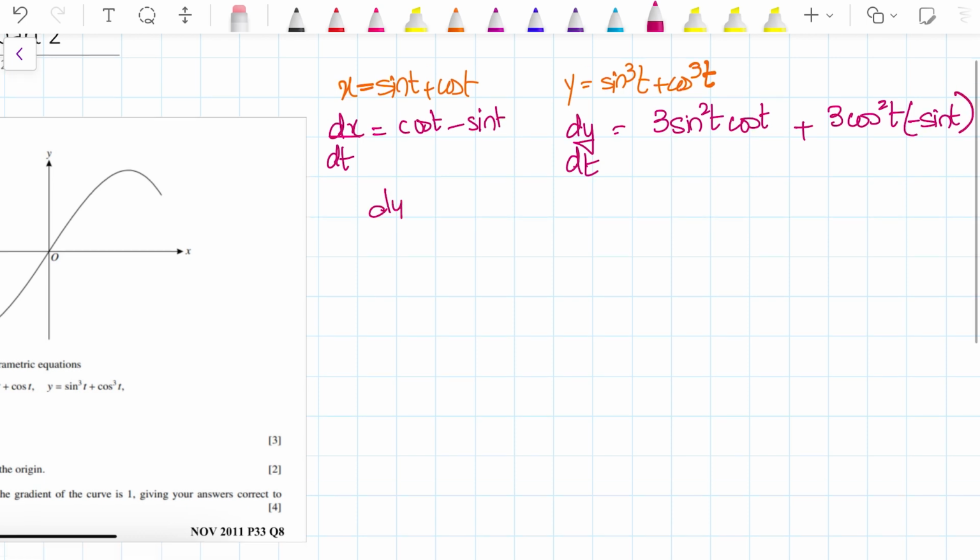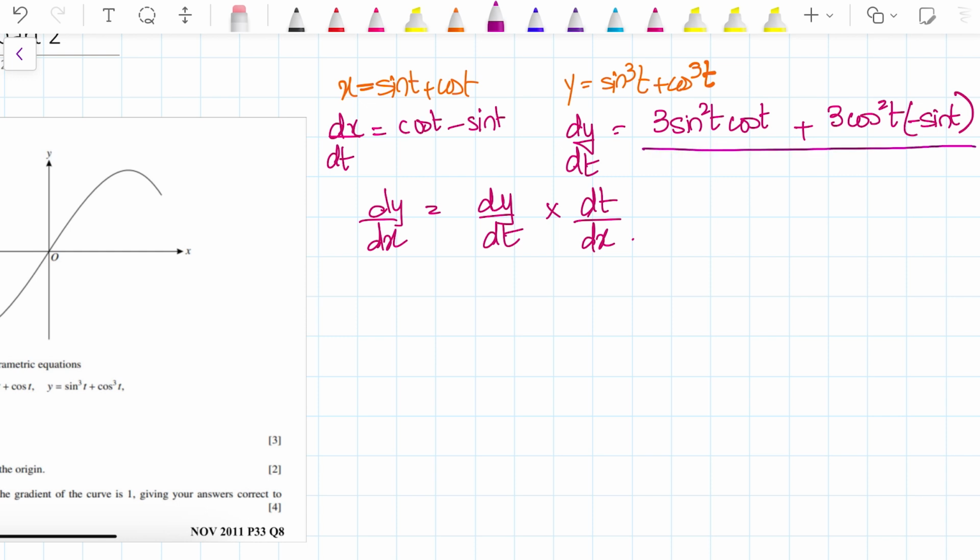Now, what is the chain rule? dy upon dx is equal to dy upon dt into dt upon dx. What is dy upon dt? dy upon dt is this. Minus. Divided by the differential, the reciprocal of dx upon dt.